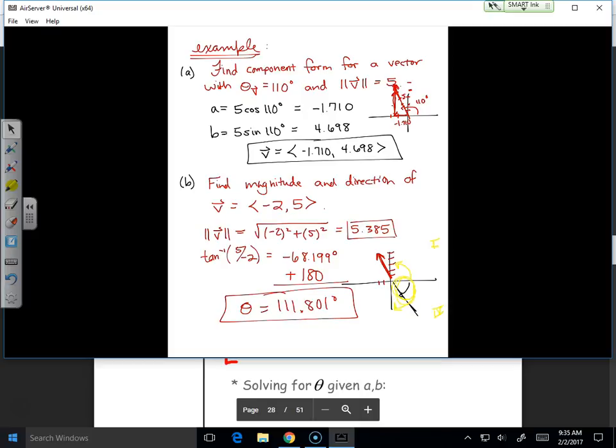Does that make sense? So when we need to add 180 is when the calculator gives us this one, but we're like, no, we need the opposite guy. Okay, add 180, you have all the information you need. We would add 360 if it gave us negative 68.199, and we wanted to go the positive direction instead. Then we would add 360, but that's not the example.